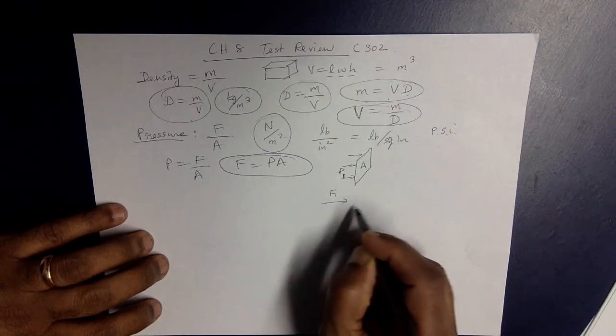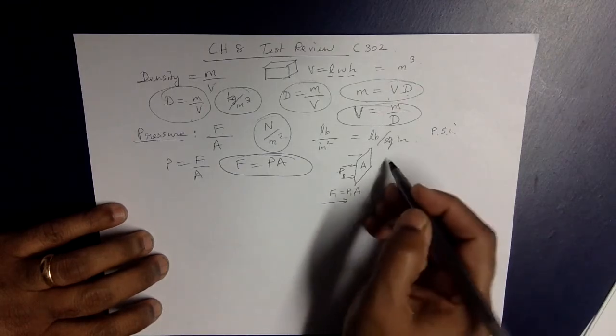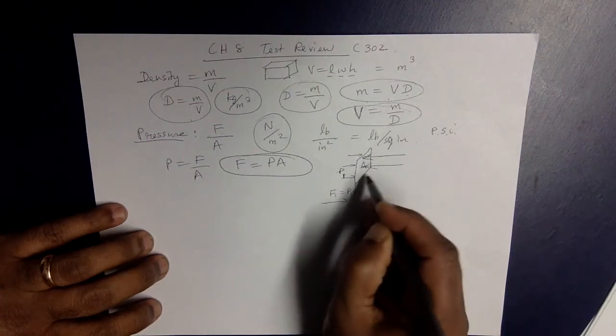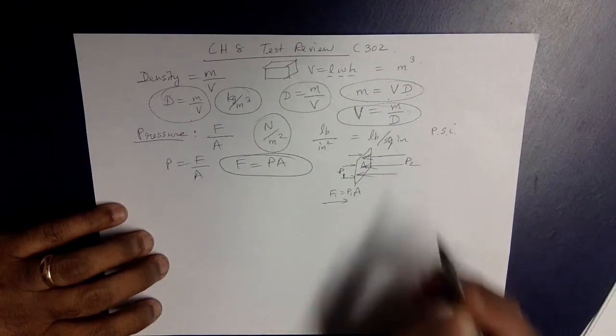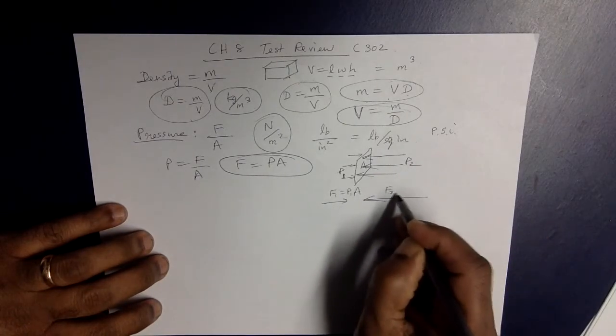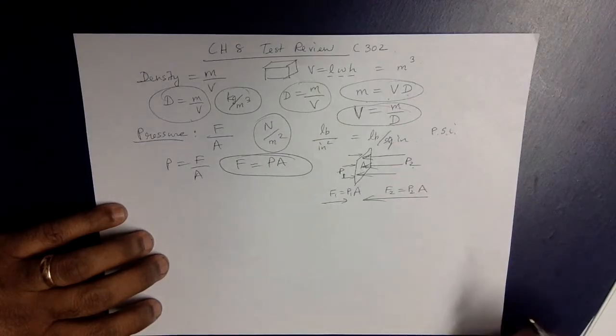So the force F1 is going to be P1 times area. Now, if there is another pressure from here, let's say a larger pressure, P2, then the force from that side, F2, will be P2A, because of the product of pressure times area.